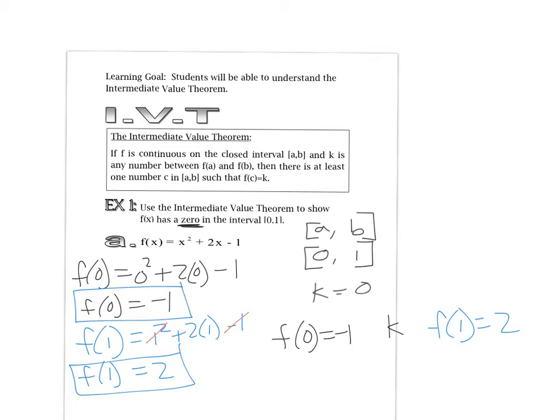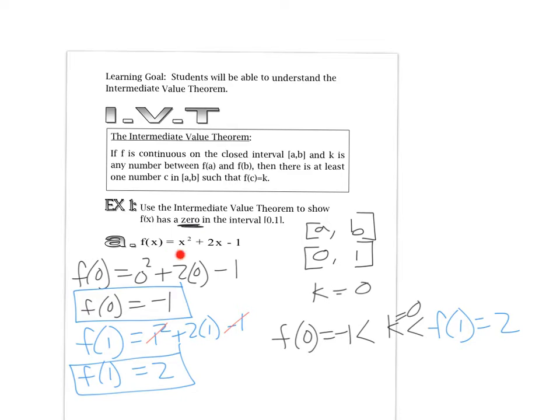We know that it is, because k is 0. And yeah, 0 is between negative 1 and 2. So the intermediate value theorem applies here. We do have a k value that is between our f of a and our f of b, right? So remember, that's all we're trying to find out.